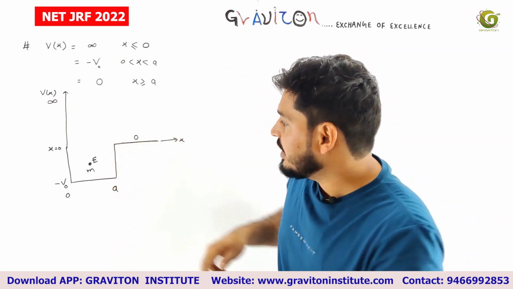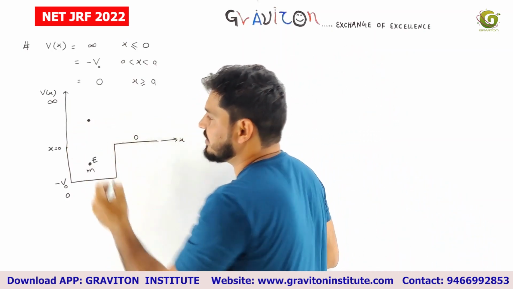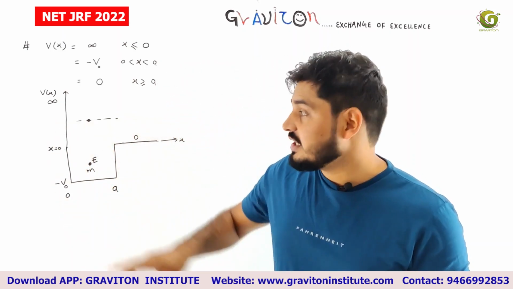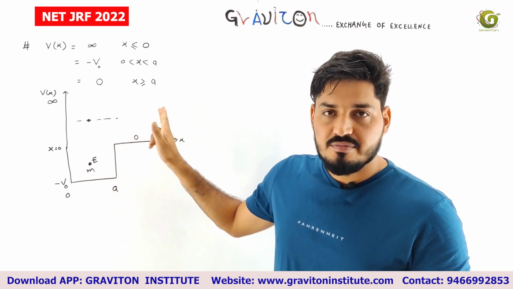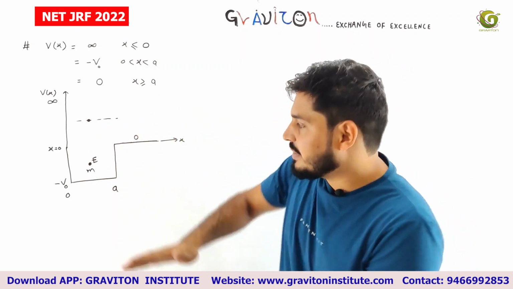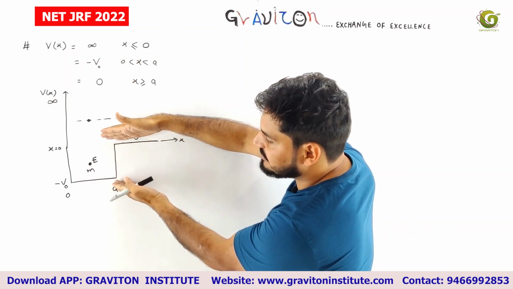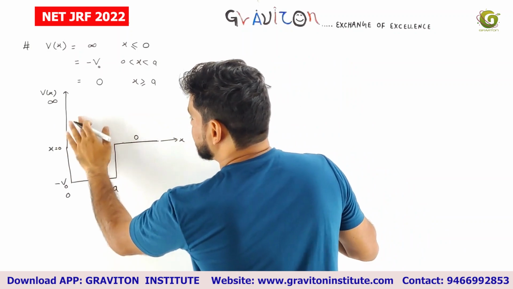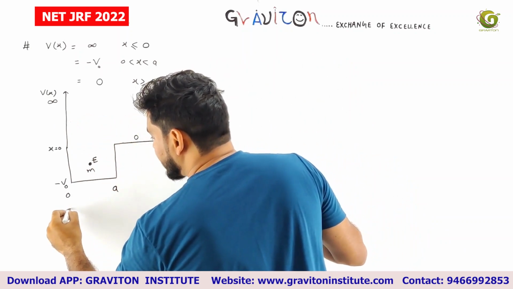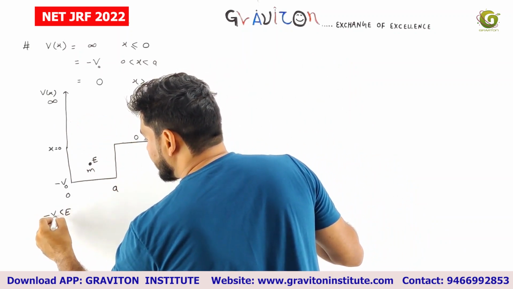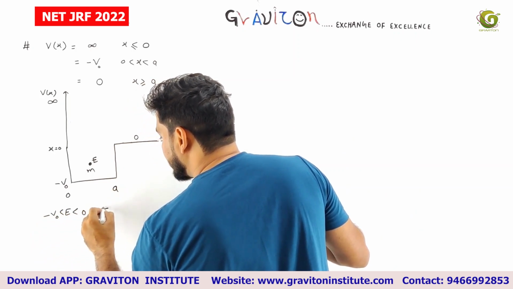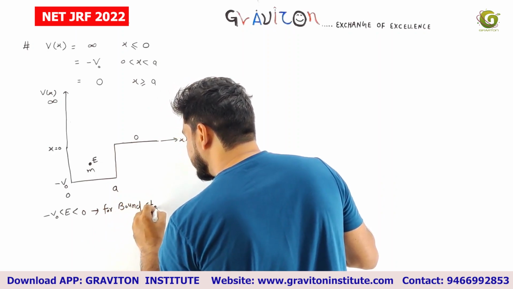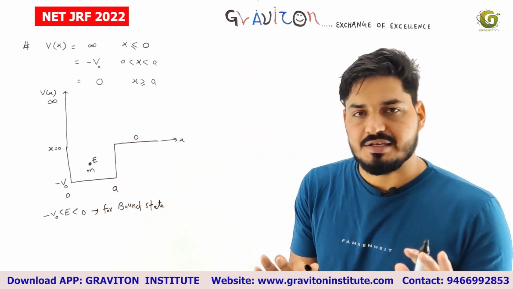Because if I put the energy of the particle somewhere here, let's suppose this is the level of energy, in that case it is unbounded from this side. So the energy of the particle must be in this region, from minus V naught to 0. So for the bound state, the energy of the particle must be in between minus V naught to 0. This is one thing, right?